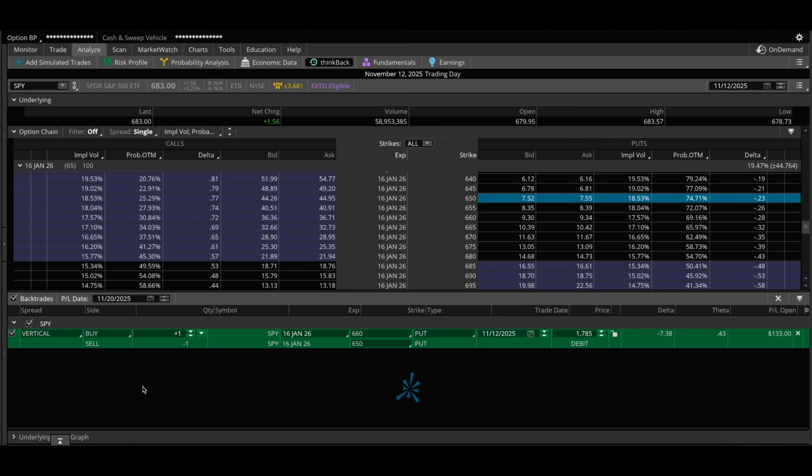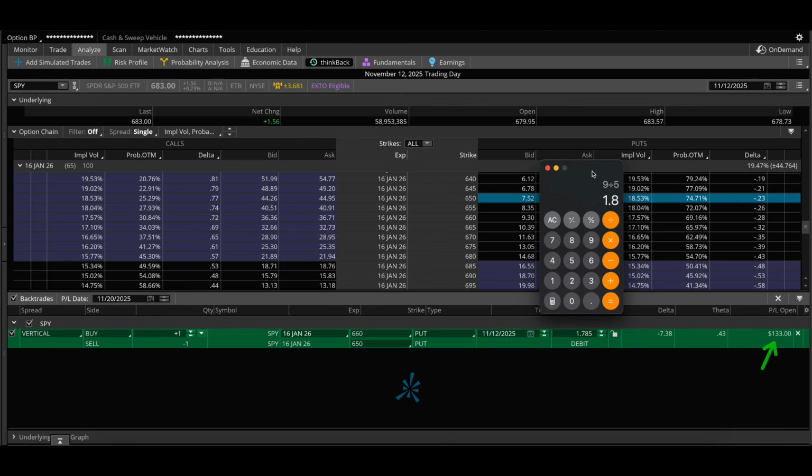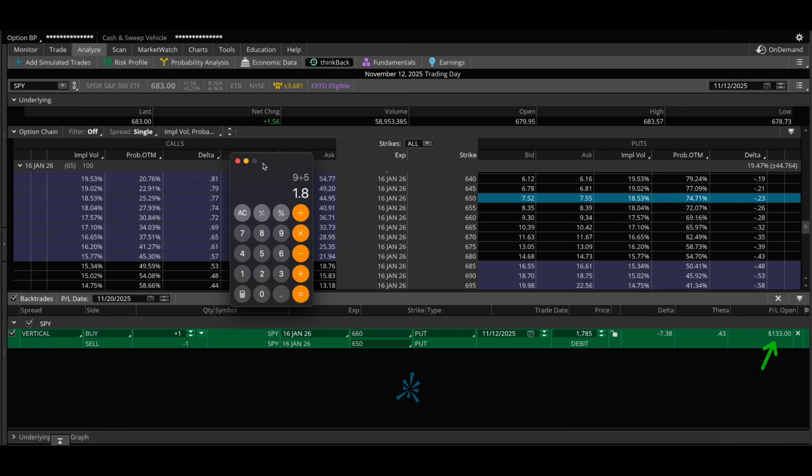And we can see here that in order to enter into this 10-point wide put debit spread, we would have paid a debit of $1, roughly 78 or 79 cents. And on November 20th, after we got that down price move, the spread would be profitable by $133. Now, how does that relate to the potential payout of that spread?